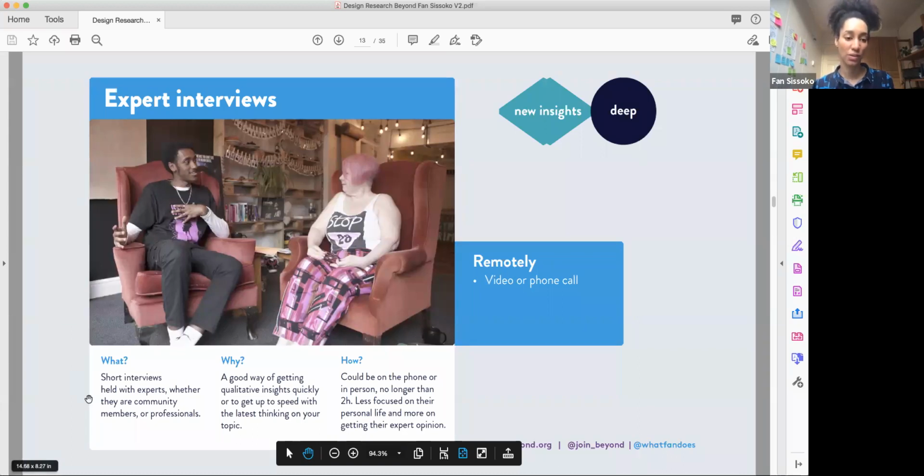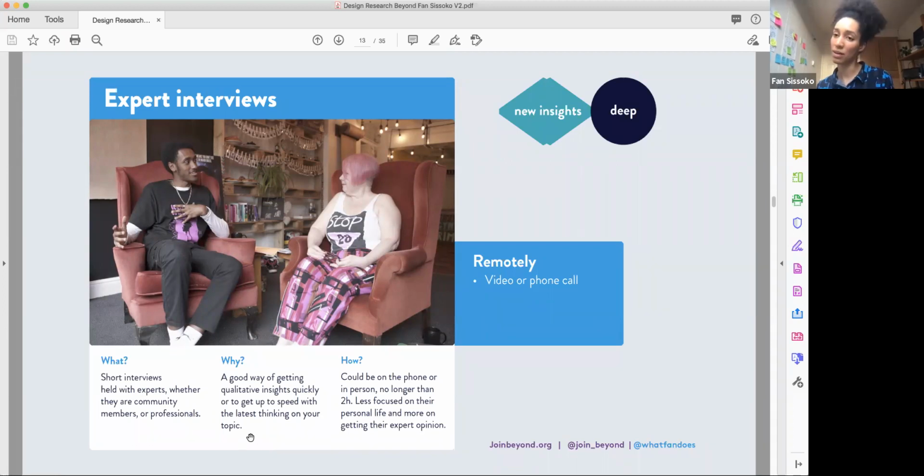And experts can be community members or they can be professionals. To me there is a distinction, but we should be mindful of what we define as expertise. And you just do short interviews with them. That's a good way of getting qualitative insights quite quickly and to get up to speed with the latest thinking about your topic, and to maybe get an overview of what it is that you're researching. So it can be really useful, for example, at the very early stage of research.